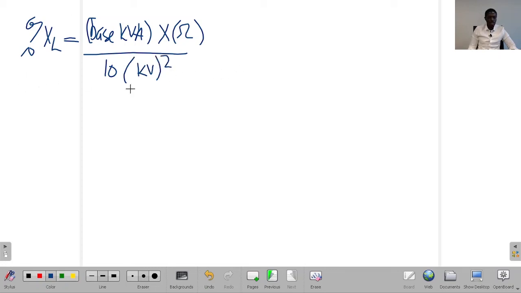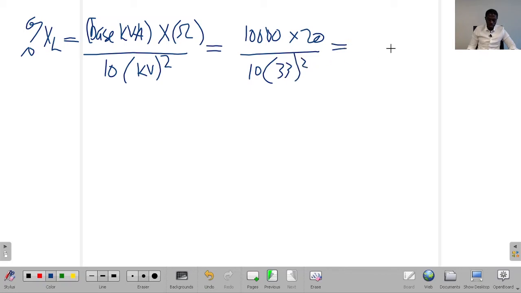So this is the formula that we use for converting to percentage reactance. We have 10,000 multiplied by 20 ohms over 10 multiplied by the line voltage of 33 kV squared. So this gives us 18.37%.